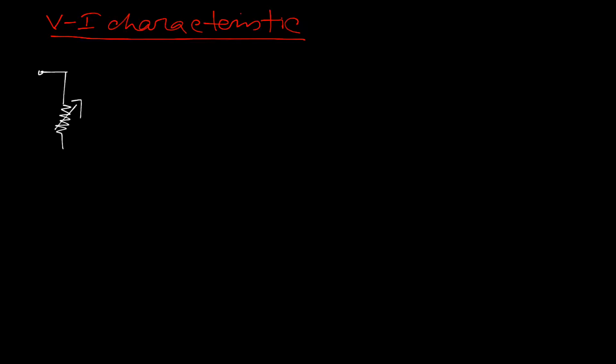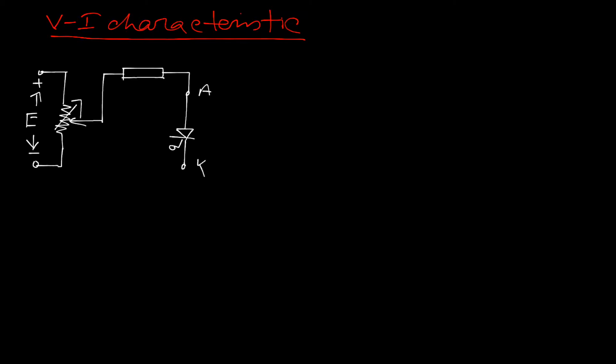There is a variable resistance which is connected to the supply voltage, suppose E, and this is connected to the load, and the load is connected to the anode of the device, as we know the symbol of the thyristor, and the cathode is connected back to the supply, and the gate is connected through another variable resistance to a different supply voltage.